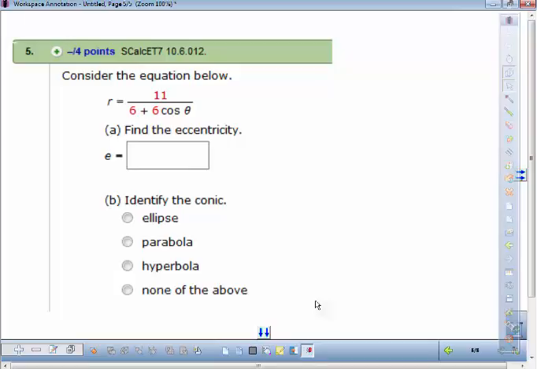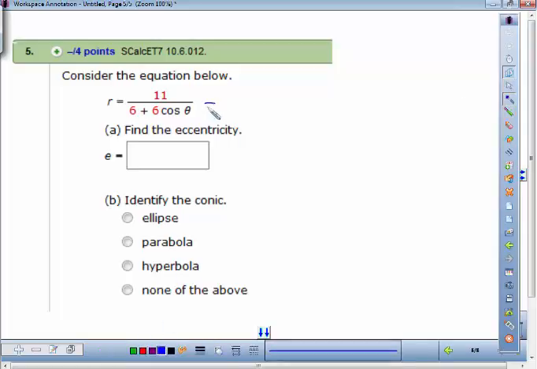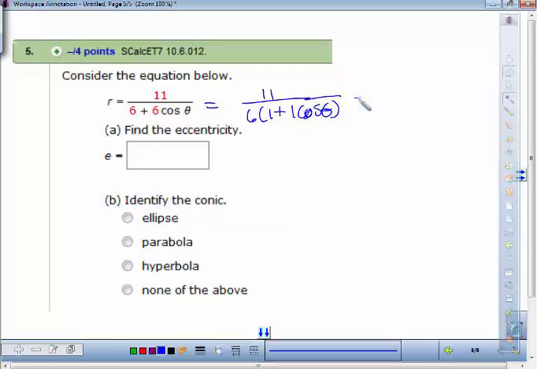How do you suppose we do that? Just pull a 6 out. Let's use a pull-out method. Uh-oh, what are you going to do with this 6? Well, just throw it up in the numerator, right?